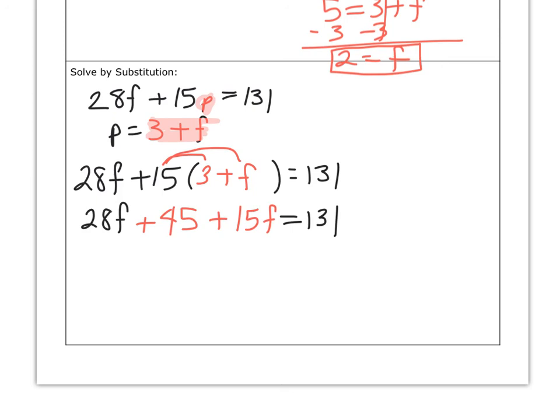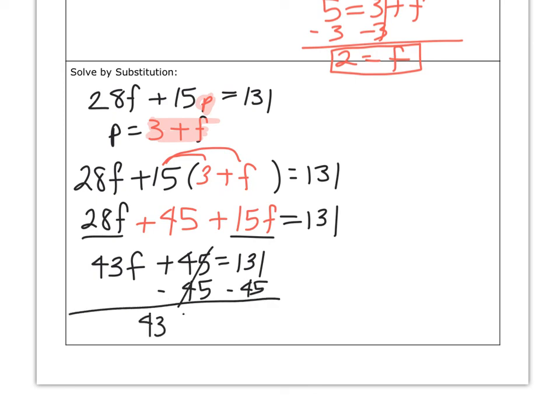We're going to add the F's together, right? We've got like terms. So 15 plus 28 is 43F plus 45 equals 131. So then I can subtract 45 from both sides.